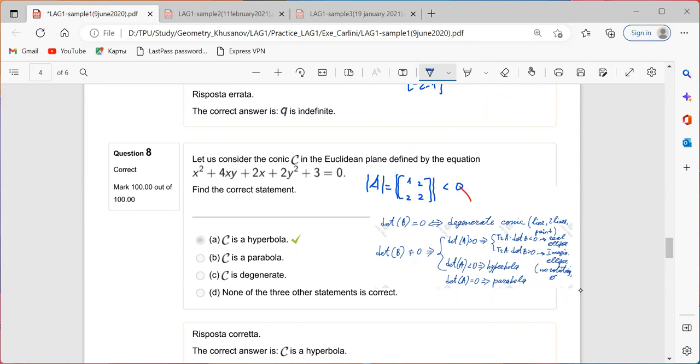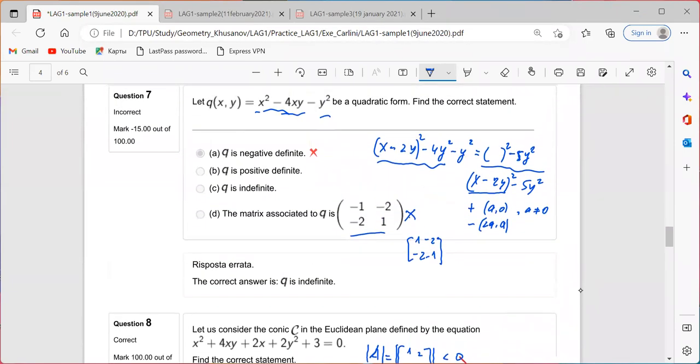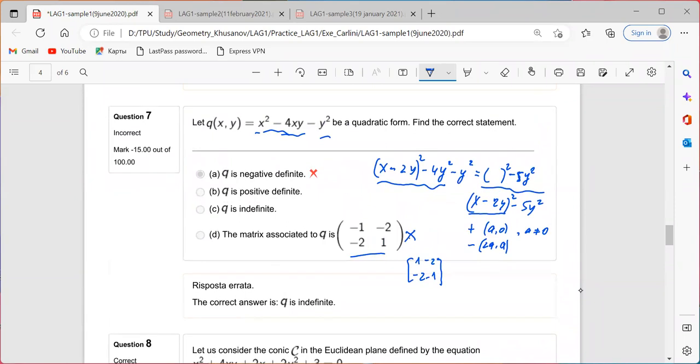So we have to consider which kind of situation we can meet here. We cannot apply the previous way, because in the previous exercise 7 we had no linear part, so we could just consider a full square.